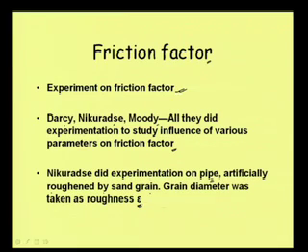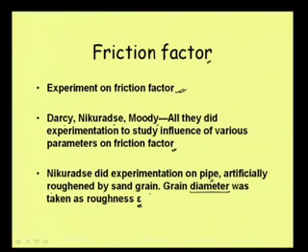That roughness value he considered to be the diameter of the sand grain, the sand used for making the pipe rough. Inside the pipe sand layers were given, and that way he could get the roughness of the pipe.